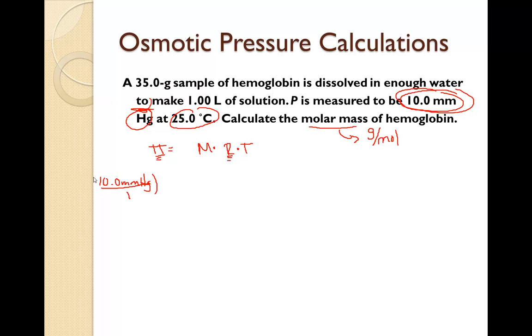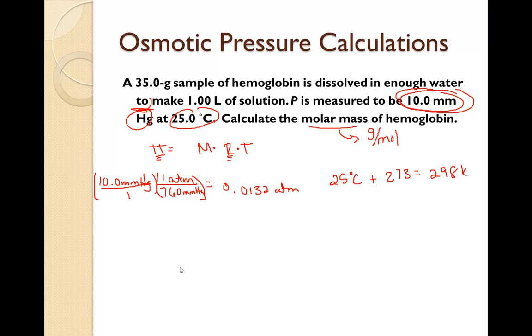Make sure your units for R match up with the other units in the equation. 760 millimeters of mercury are in 1 atmosphere. Divide that out, and it comes out to be 0.0132 atm. While we're at it, why don't we go ahead and convert our 25 degrees Celsius by adding 273. That comes out to be 298 Kelvin.